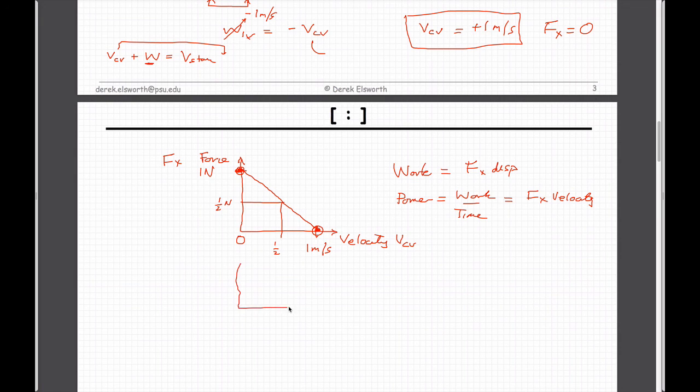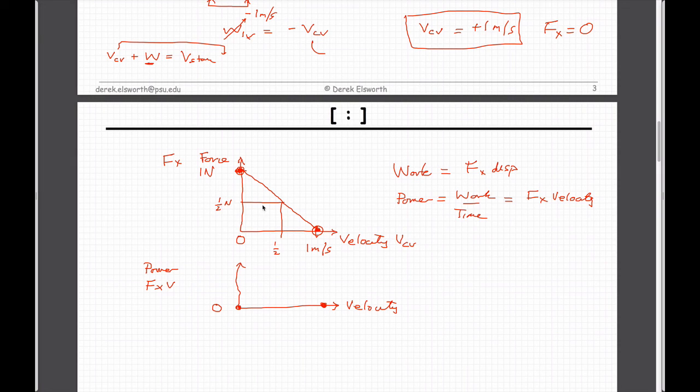And so what we could do is we could plot power with velocity. And power we said is equal to force times velocity. So this point here, a force of 1 Newton times a velocity of 0 is 0. This point here, a force of 0 but times 1 meter a second is also 0.